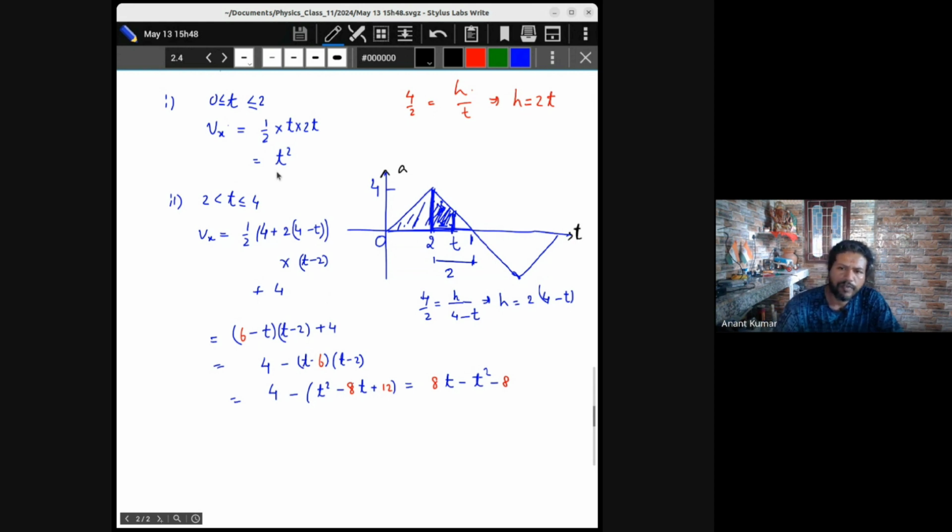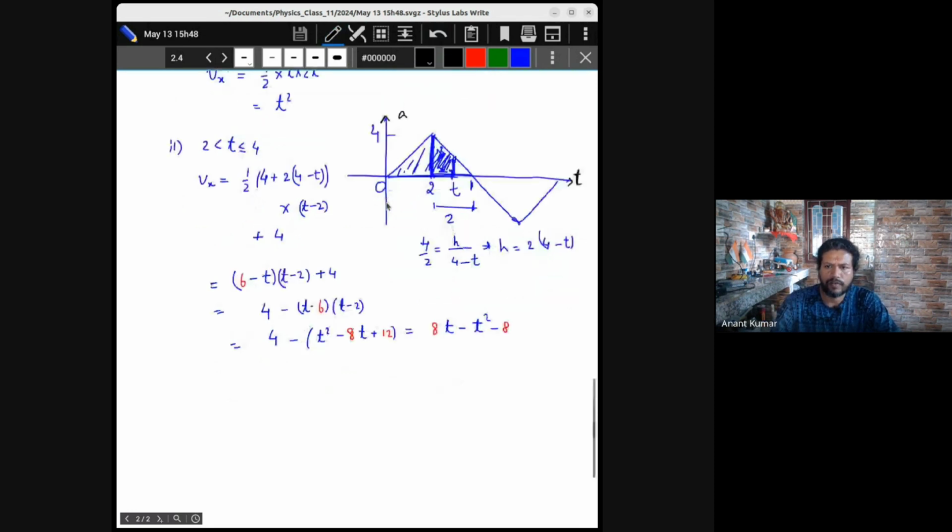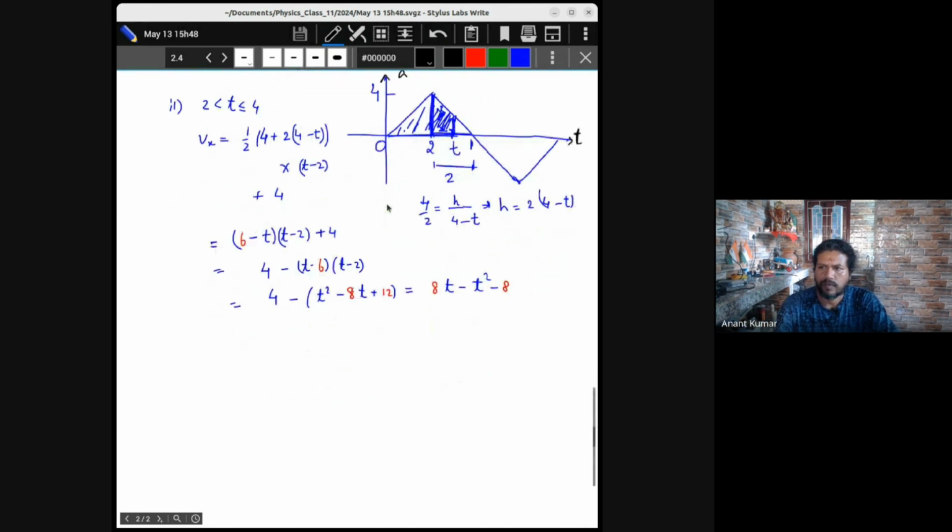And if the coefficient of t square is positive, as it is over here, then the parabola opens upwards. While if it is negative, like in this case, then it opens downwards. If you keep that in mind, we can draw the graph for the velocity versus time the following way.